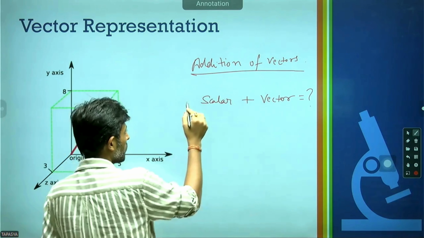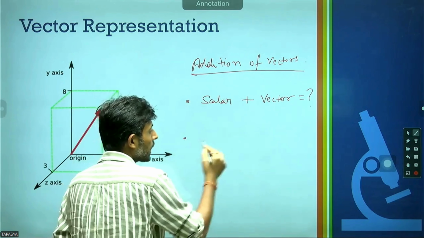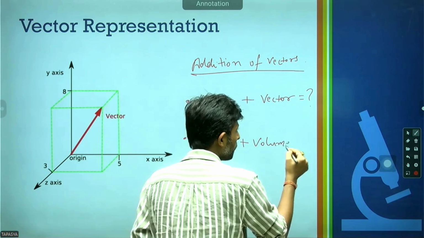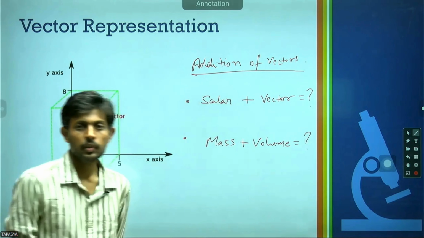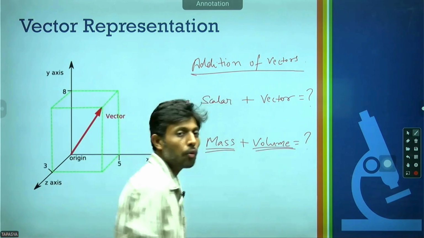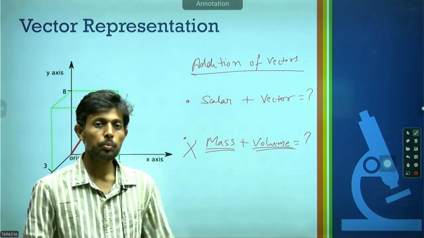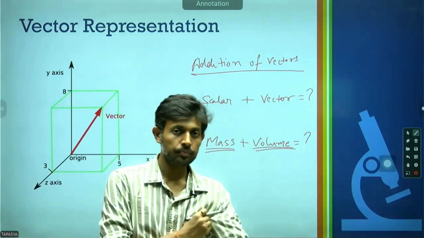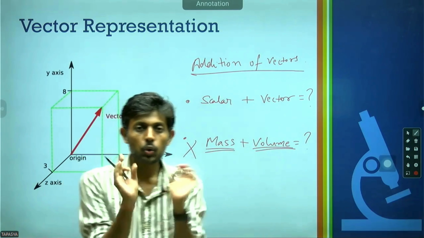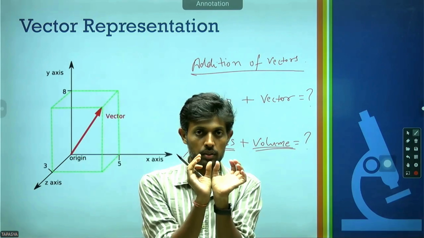While you are thinking about it, think about this also. Can you add mass to volume? The answer is no. See, both the quantities have to be of a similar nature in order to be added or subtracted. Multiplication is another thing, but addition happens only between similar quantities.